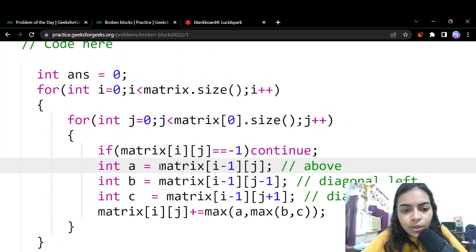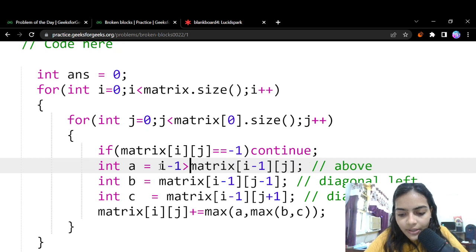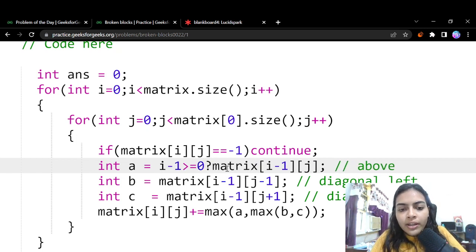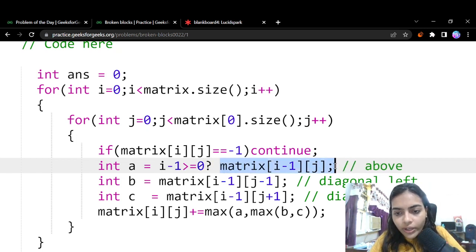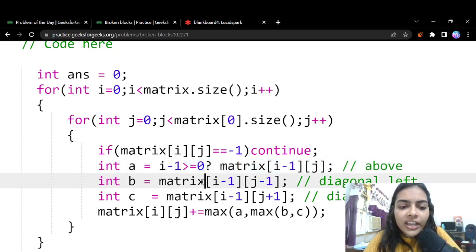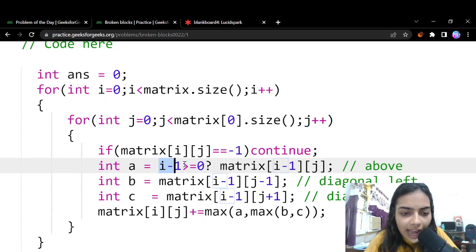So you will have to check that condition: i minus 1 should be greater than or equal to 0, then only you can give this. Otherwise, if i is equal to 0, matrix of minus 1 will be an error.